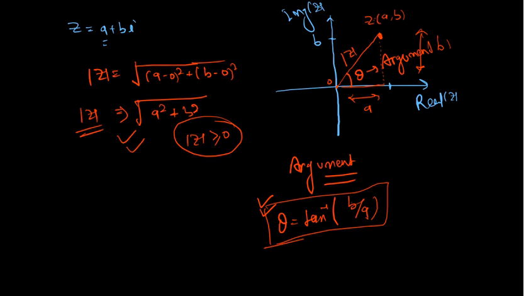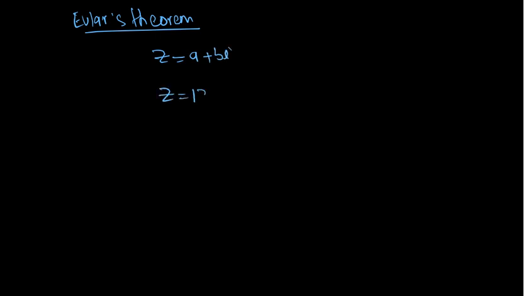Now on the basis of argument and modulus, one theorem has been provided by Euler. This is Euler's theorem. What does it say? It says any complex number a plus bi can be written as z equals mod z e to the power j theta.